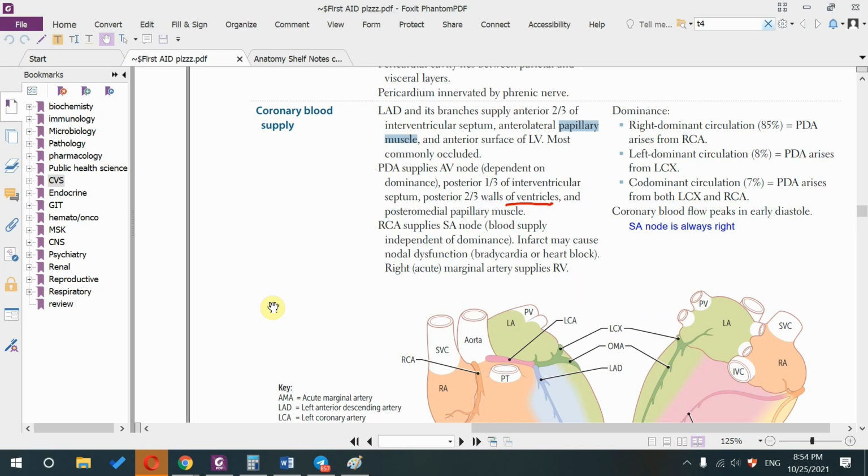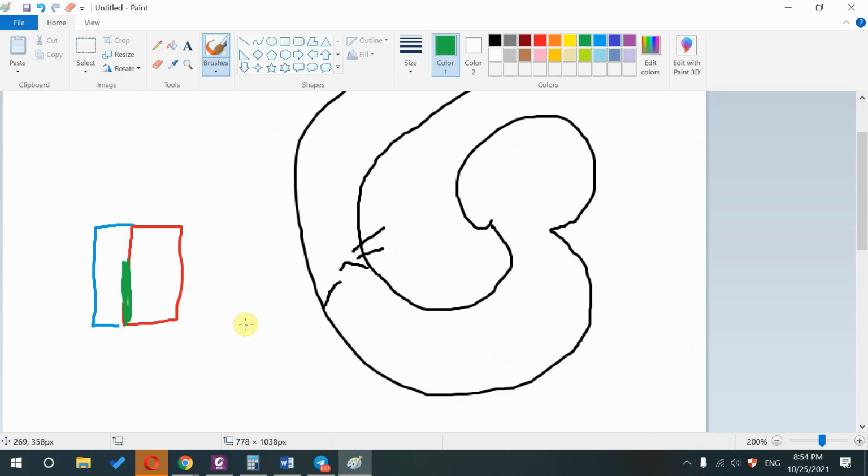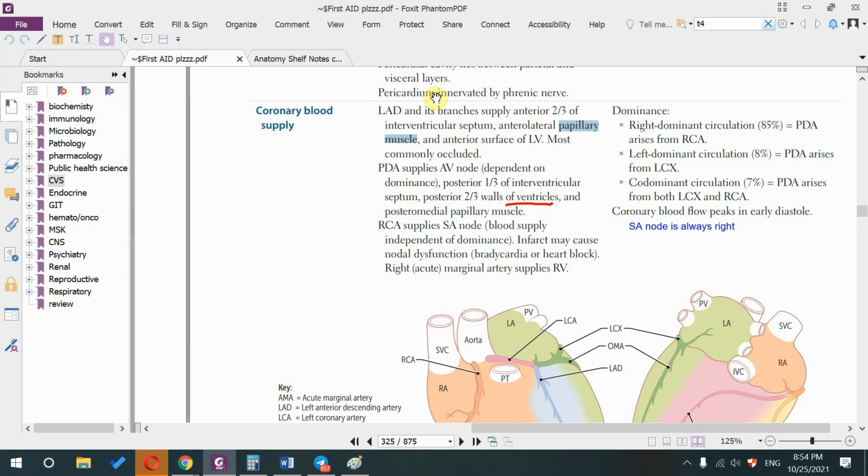What else? The anterior wall. So the anterior 2/3 of the interventricular septum, the papillary muscle, the anterior surface of the left ventricle as well. See, all of this, guys, is supplied by it. So what is left? I mean, come on, it's supplying everything. Well, your right side is not supplied and the posterior 1/3 is not supplied yet.